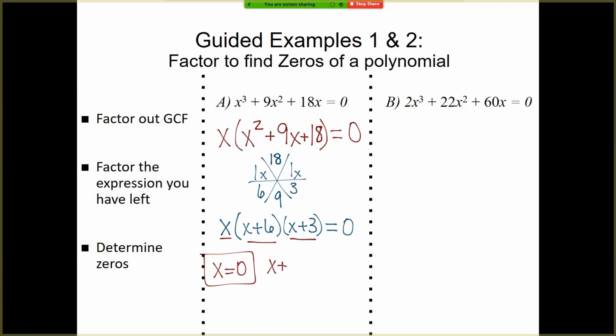If I set x plus 6 equal to 0, solve for x, I get x equals negative 6. There's another answer. And the last one, x plus 3 equals 0, which means x equals negative 3 after you subtract 3 from both sides. So here we just have 3 answers instead of our usual 2 in the past.